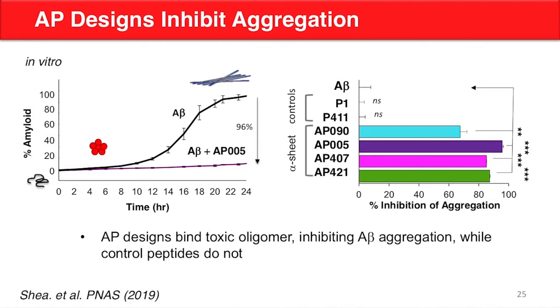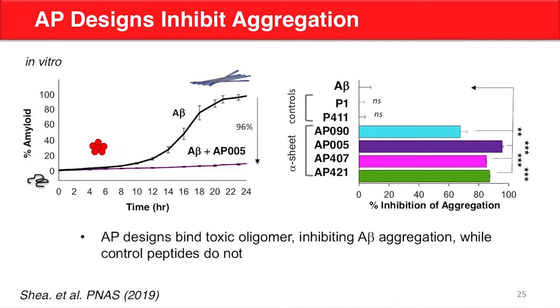But then what we did is we add our compounds, our alpha sheet designs, and the idea is since we know that we are forming the toxic oligomers in the lag phase, if we add our compounds, we should be able to bind to them through the complementary structure. And back to our fundamental alpha sheet hypothesis, we should be able to neutralize the toxicity. And so we neutralize this species and prevent further aggregation.